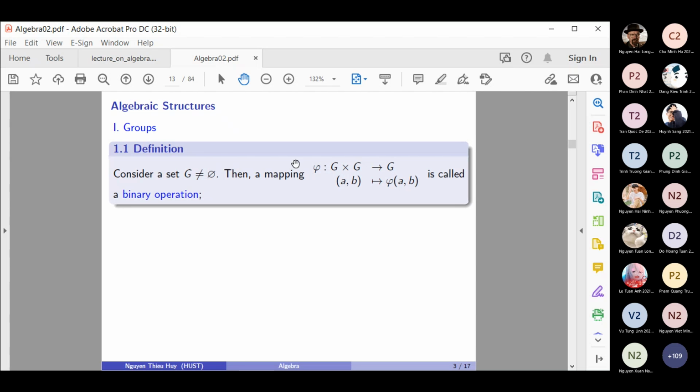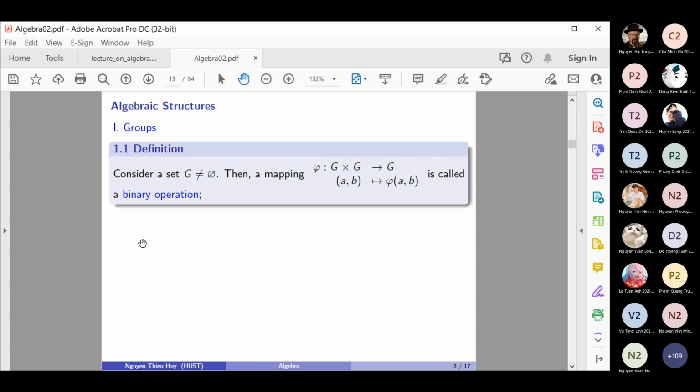But before giving you the concept of groups, I first give the definition of binary operation. In high school, in secondary school, you already learned addition and multiplication.